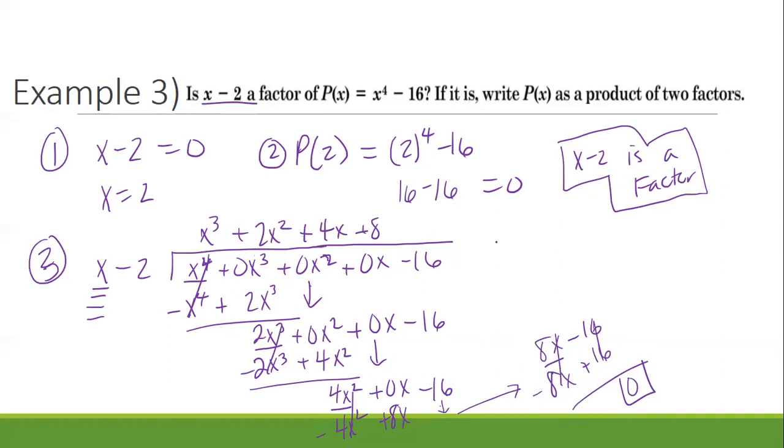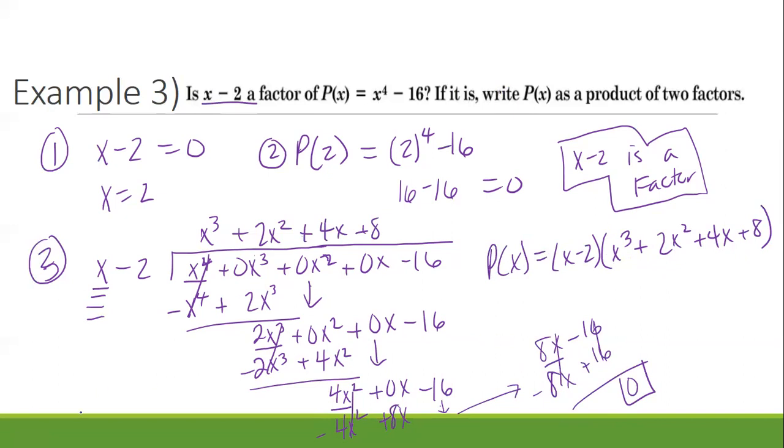So then p of x equals x minus 2 times x to the 3rd plus 2x squared plus 4x plus 8. And if I wanted to factor this any more, I could use grouping, and I could factor this all the way down.